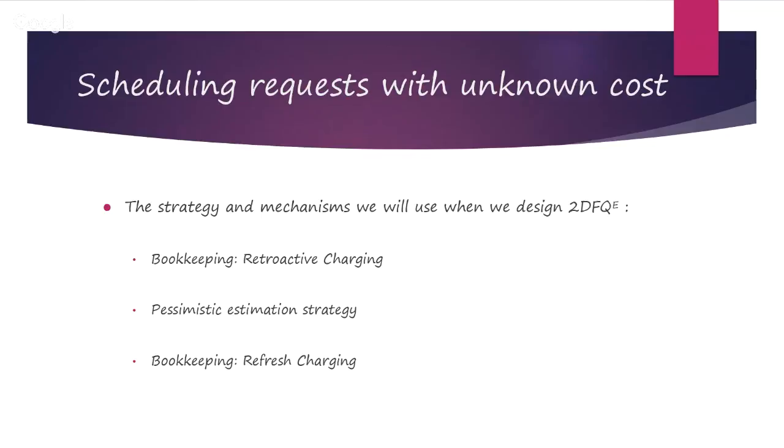However, all that is only based on estimates, which can lead to arbitrary unfairness in systems where multiple requests can execute concurrently. Retroactive charging ensures that a tenant is eventually charged for the resources it actually consumed and not just an estimate.